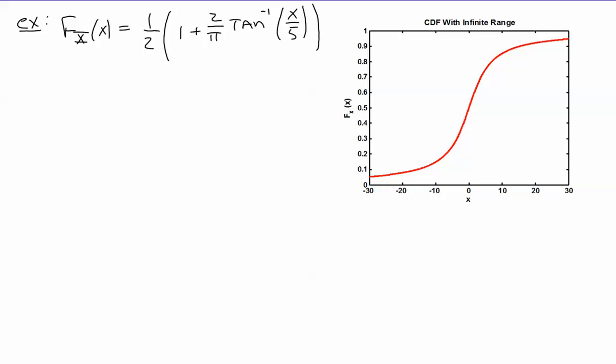You'll notice that my cumulative distribution function asymptotically approaches 0 at x equals minus infinity. It will asymptotically approach 1 as the argument approaches plus infinity.